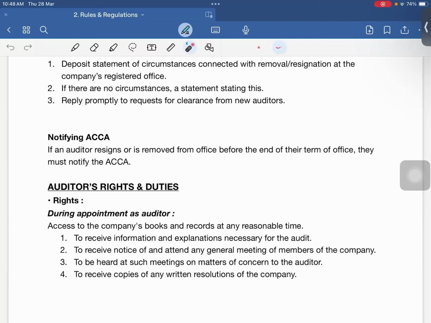We have already studied in IAS 1 what those financial statements are. It is the SOFP, it is the SOPL, it is the SOCE. Clear? So all of these things, when an auditor is appointed, should be made available to him. Understood? So all the information and all the explanation on the information is a right towards the auditor.